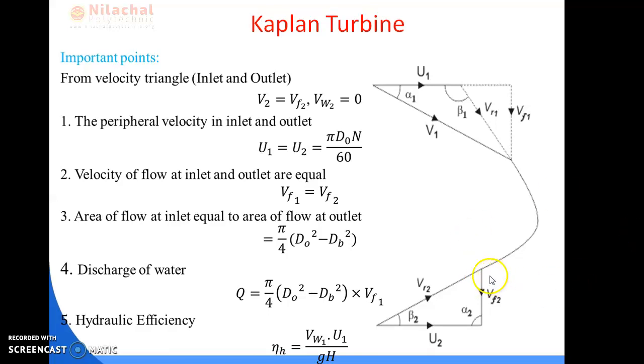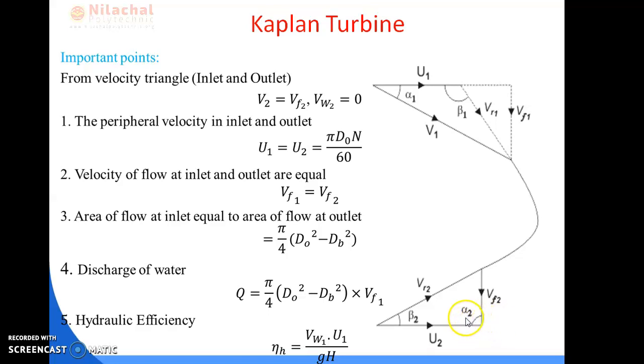So we drop a line perpendicular to the curved surface, that is Vf2. Vf2 is the velocity of water at outlet, that is V2. So V2 will be in a direction of 90 degrees, meaning the water is leaving the blade at an angle of 90 degrees.